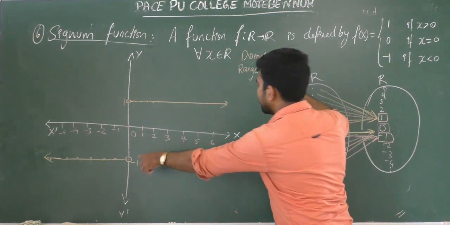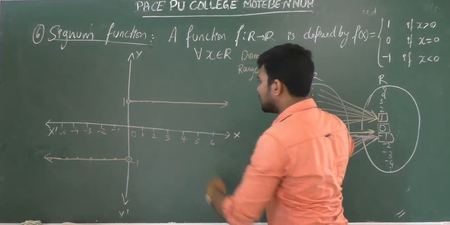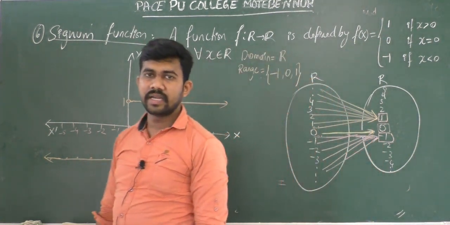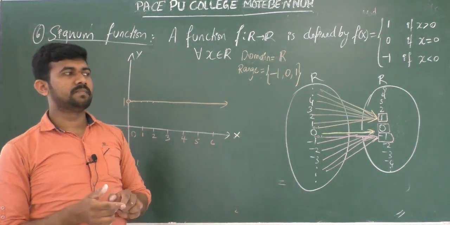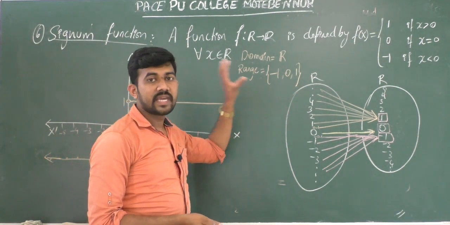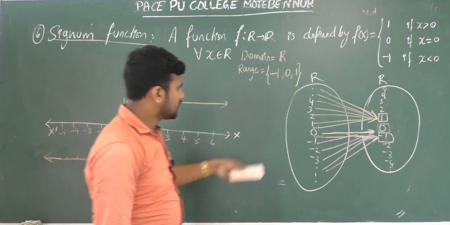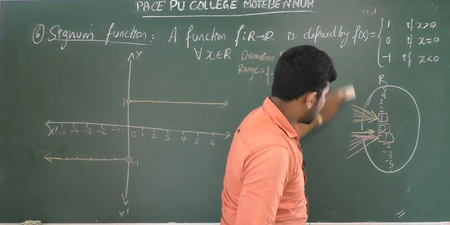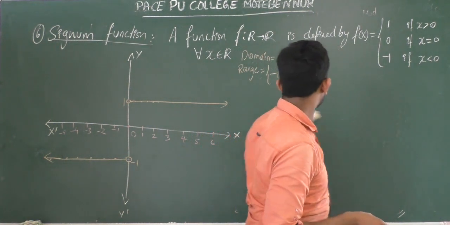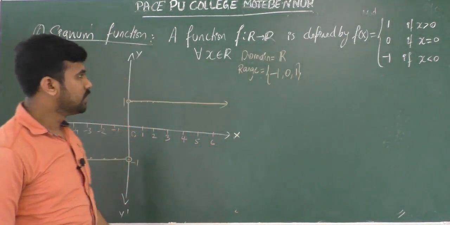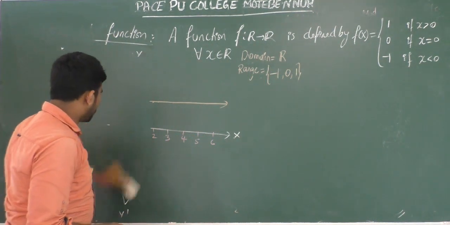That is minus 1, 0, 1 are the image elements. So the range is nothing but the set containing minus 1, 0, 1. Okay, so again this is very important for 5 marks. Okay, so we'll see next. Okay, so as I said, no need to draw the arrow diagram. Okay, so it's clear. Now we'll move into the last function and very important.